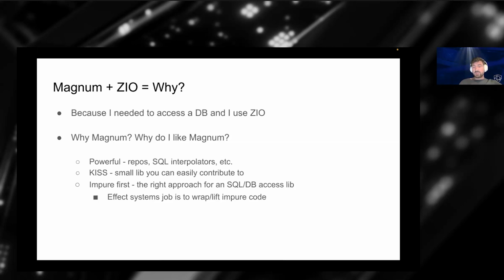But if you use ZIO or any FX system, these provide you tools to lift impure code into the pure world. That's the basic thing that any FX system on the JVM needs to provide anyway. So the fact that Magnum is impure is actually great news for ZIO users because it makes the integration of Magnum in ZIO super simple.